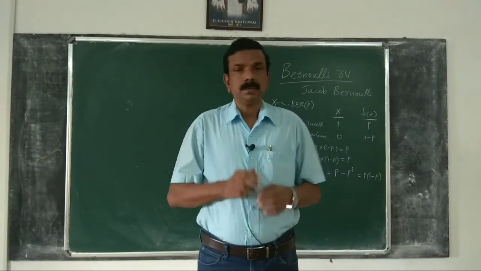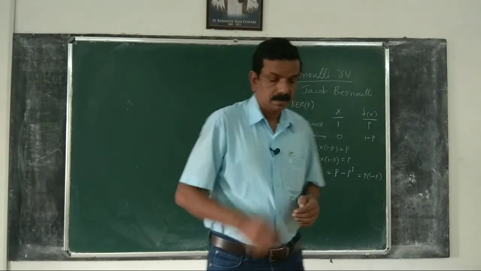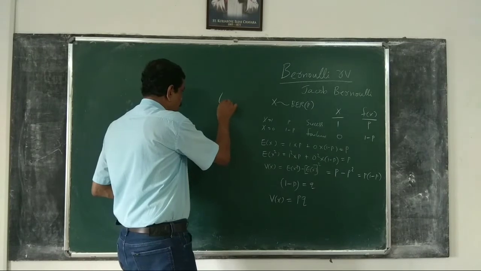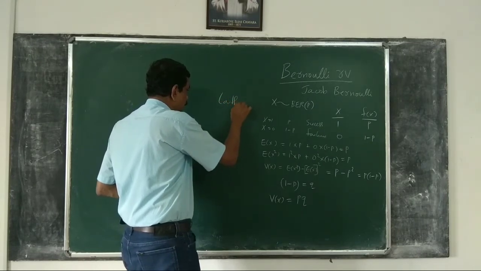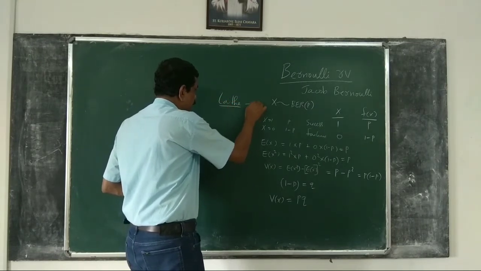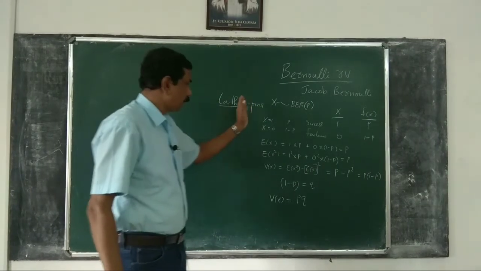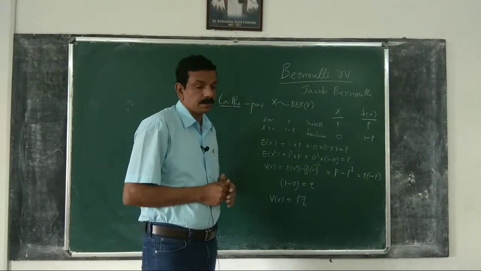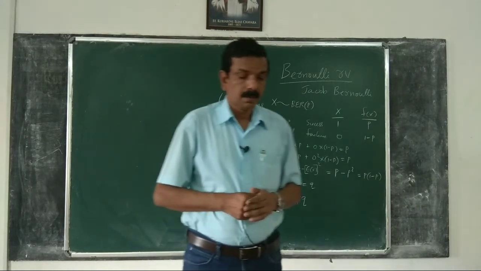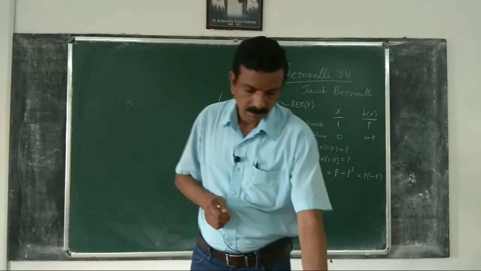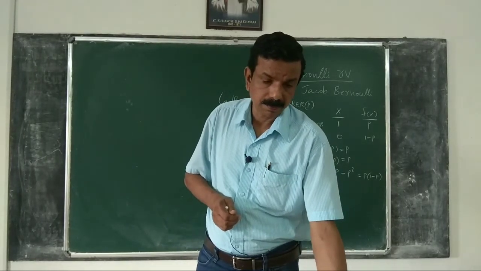As an example, suppose that an operator is using a lathe to produce pins. Since the lathe is not perfect, the machine will not always produce good pins.